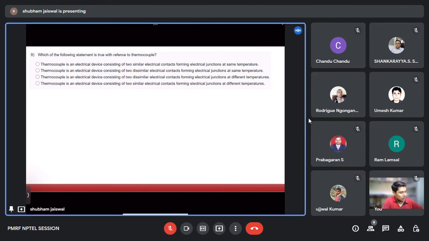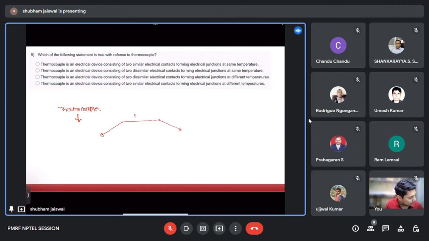Let's see. If we are talking about the thermocouple, in thermocouple we use two different metals.